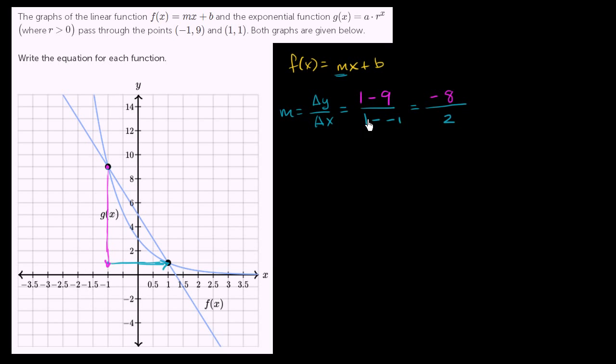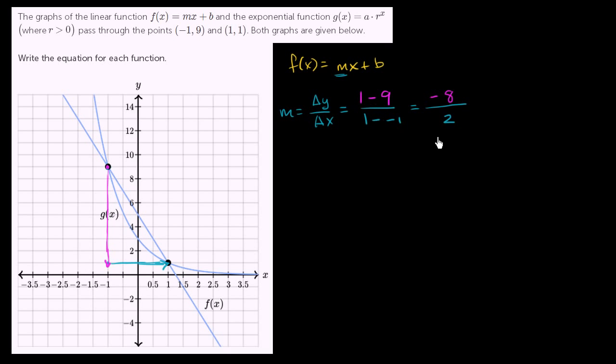And just to be clear, when x is 1, y is 1. When x is negative 1, y is 9. Another way to think about it, the way I drew it right over here, we're finishing at x equals 1, y equals 1. We started at x equals negative 1, y equals 9.